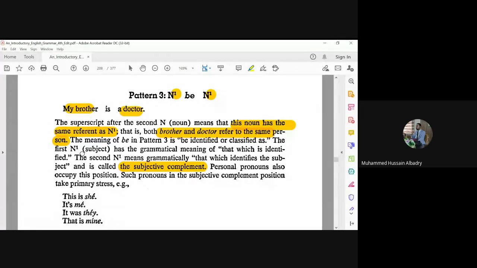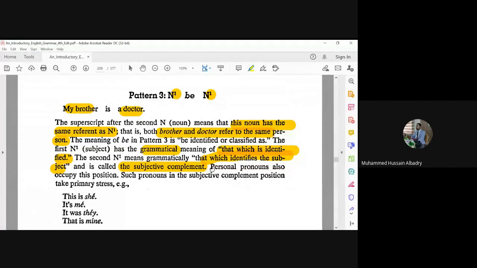The first noun هذا أول noun. شنو grammatical meaning؟ That which is identified. الشخص اللي يعرف. The second noun means that which identifies the subject. اللي يعرف السبجكت. That which identifies the subject. يعني doctor be identifies the subject. Who is my brother? Doctor. What is his job? The doctor. Which is called subject complement.